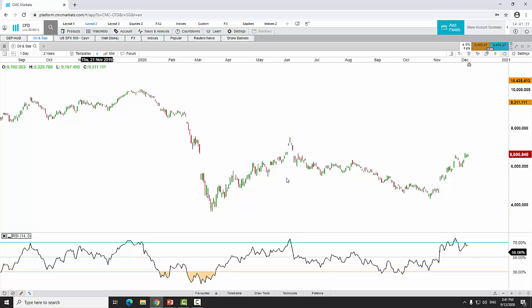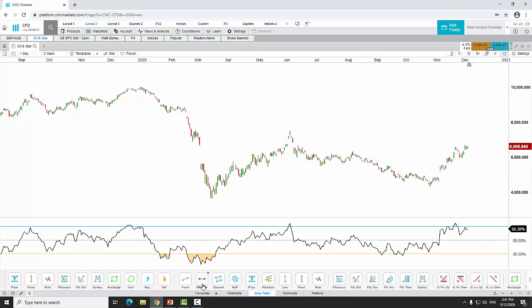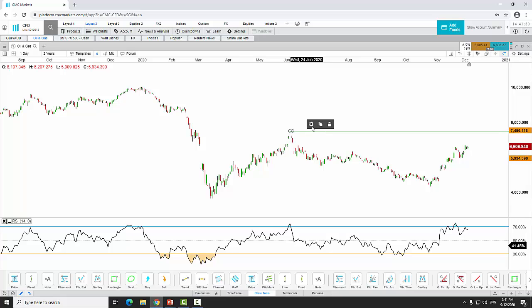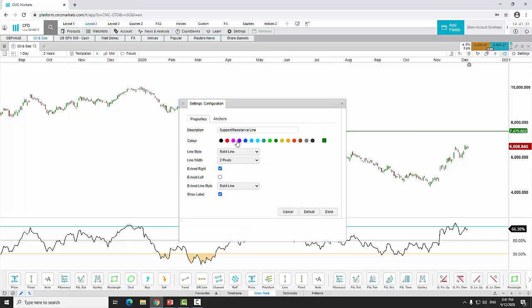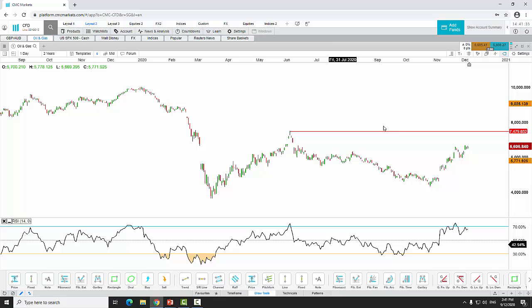All right, so the neckline of this double bottom, let me draw the key resistance, will be at this height. Let me highlight it in red, at this 7,480 mark.